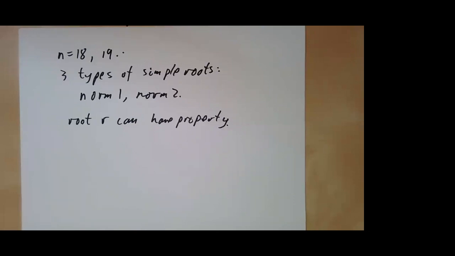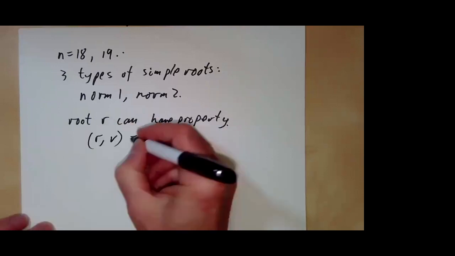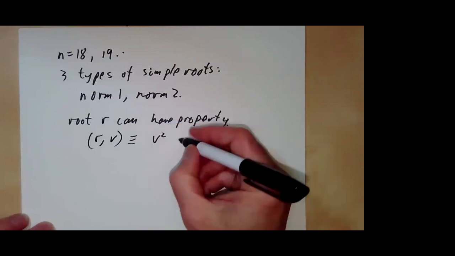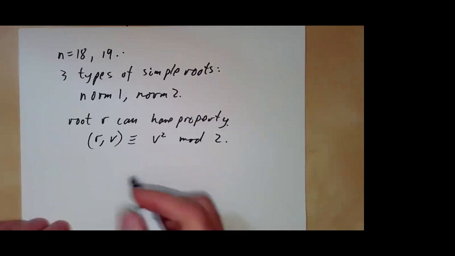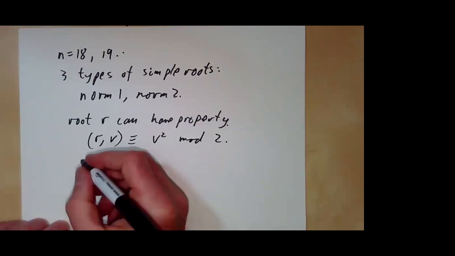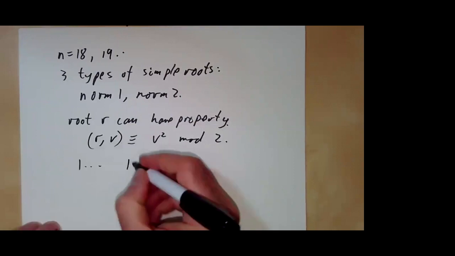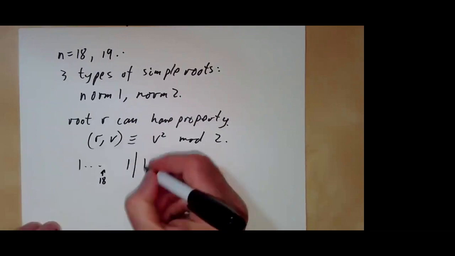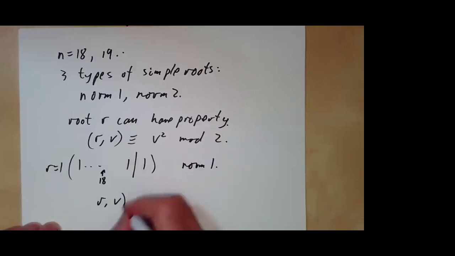So the root r can have the following property. It can have the property that rv is congruent to v squared mod 2. For example, if you take the root (1, 1, ..., 1), so there are 18 of these, and 1. So this root now has norm 1, and you notice that this is the property that rv is congruent to v mod 2 for all v.